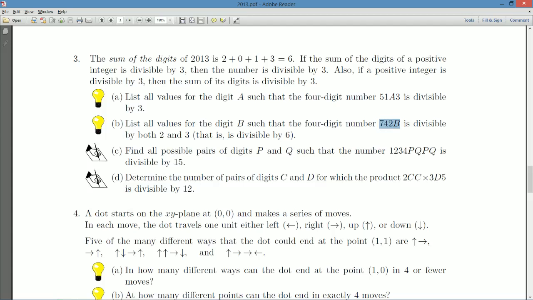Okay. So, 4-digit number here, well, we know how to get divisibility by 3. They give it to us. We need the sum of the digits to be a multiple of 3. To be divisible by 2, the last digit, the units digit, has to be divisible by 2.